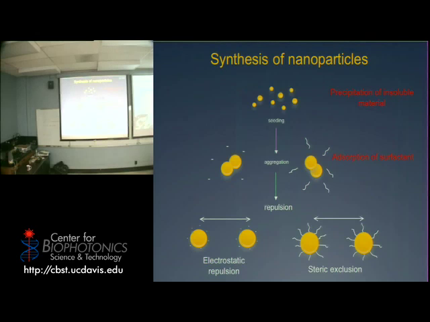Think about a piece of gold, or a piece of cadmium sulfide, a salt that ordinarily is insoluble. If you take gold shavings and throw them in a solution, they go right to the bottom. If you make them under certain conditions, you start growing little seeds that are really tiny, just a few atoms.